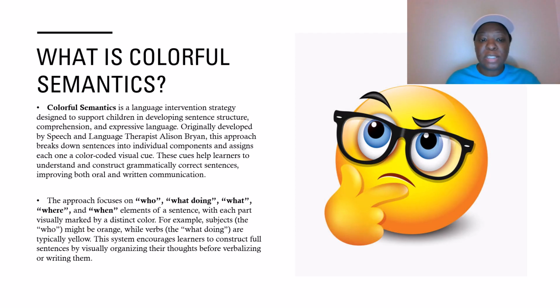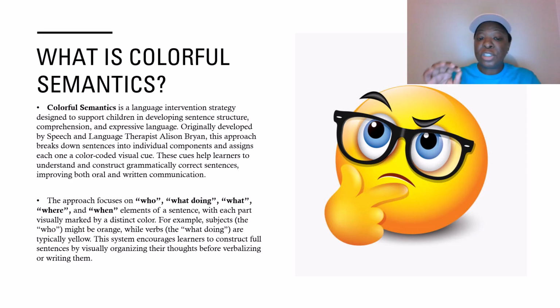The approach focuses on who, what doing, what, where, and when elements of a sentence. Each part is usually marked by a distinct color, which I will show you. For example, subjects, who, might be orange, while the verbs, what doing, are typically yellow.